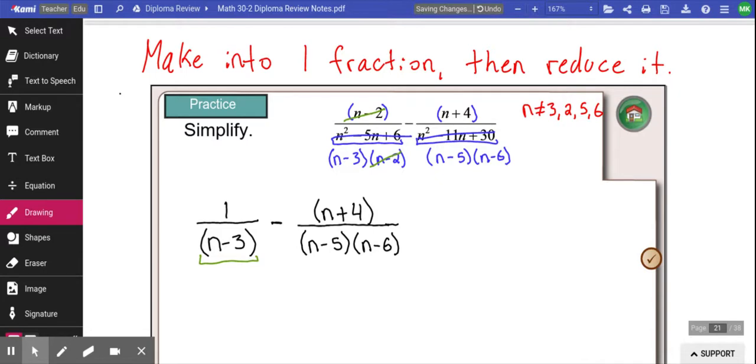I don't view that as an n and a minus 3. I view it as one thing, an n minus 3. And then I look at the second fraction and see if there's an n minus 3 in that second fraction. There isn't. So what I do is I multiply by n minus 3. I give it that package. And what I do to the bottom, I do to the top.